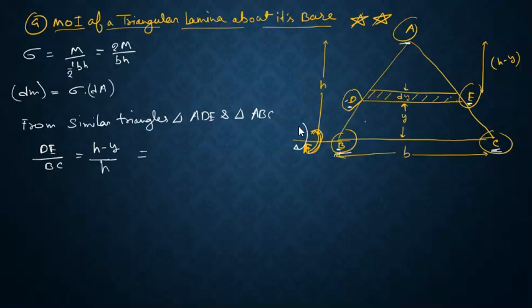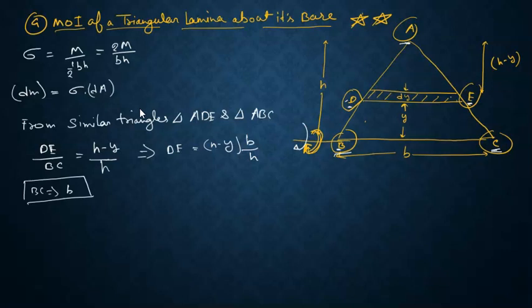So from this condition we can get the value of DE. DE equals H minus Y into B by H, because BC equals B. You can see this from the diagram.